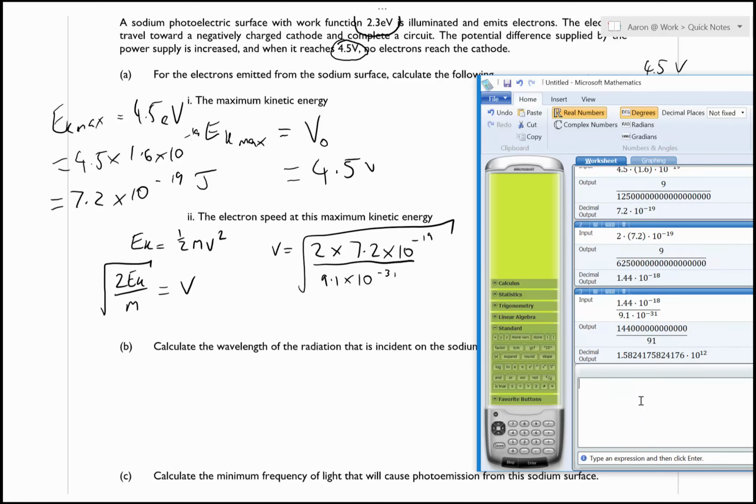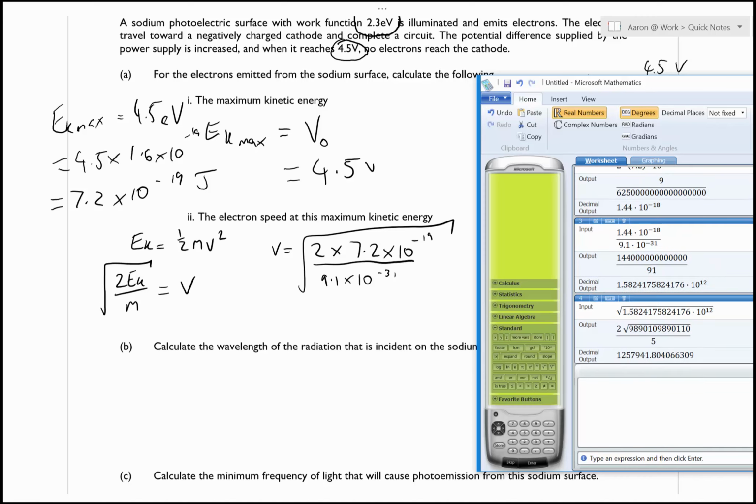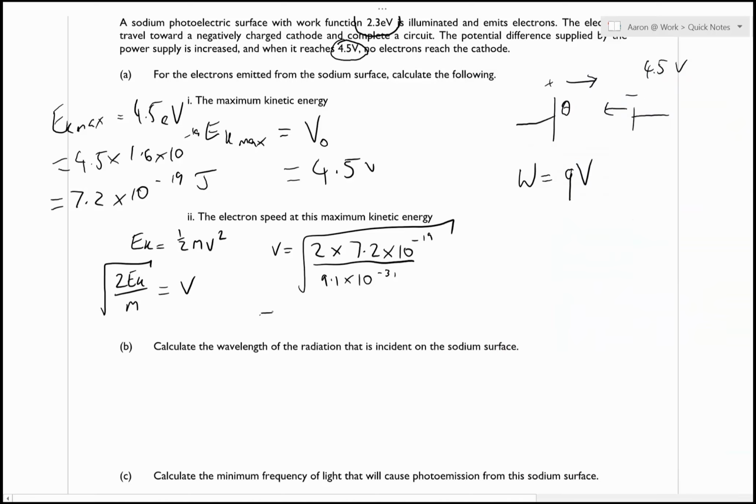And then we need the square root of that whole thing. So that's our velocity: 1.26 times 10 to the power of 6 meters per second. Now the wavelength of the radiation that is incident on the sodium surface. For this we need to think a little bit more carefully.